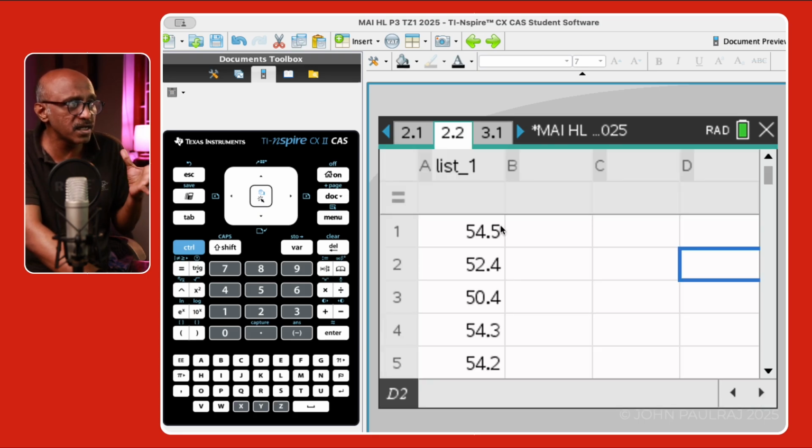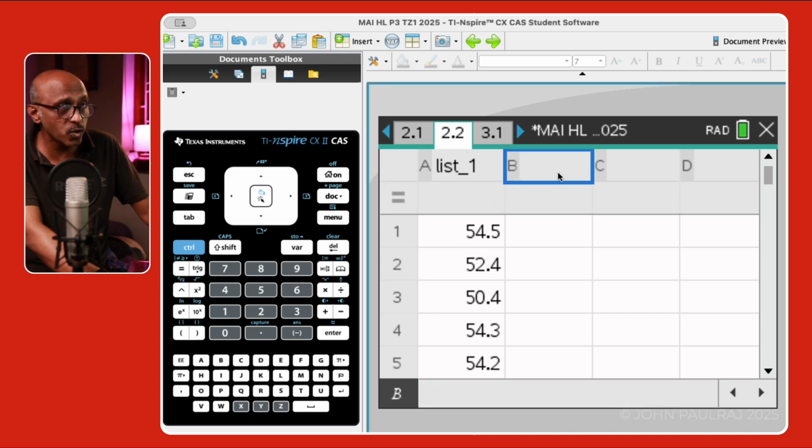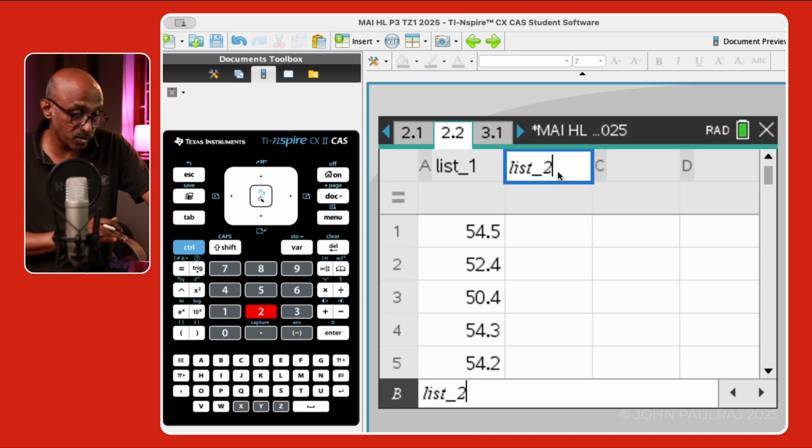If you recall from the earlier parts, we had already introduced the weight of the 10 eggs, right? This was the sample of 10 eggs. According to the question, this was table 1, and those entries were entered as list 1. So whatever you are comfortable with, I'm going to call it list 2. You can call it after and before, corresponding to this question.